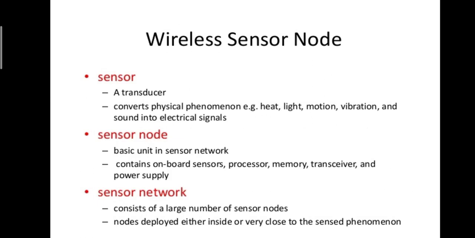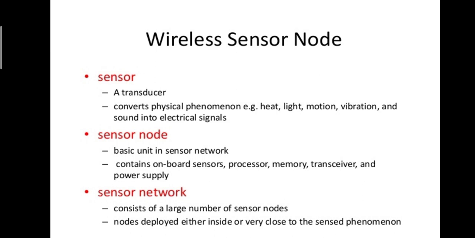Wireless sensor nodes. Here we see sensor nodes, and hence sensor network. Sensors are nothing but a transducer. It converts physical phenomena like heat, light, motion, vibrations, and sounds into electrical signals. Sensor nodes are the basic unit in sensor network.